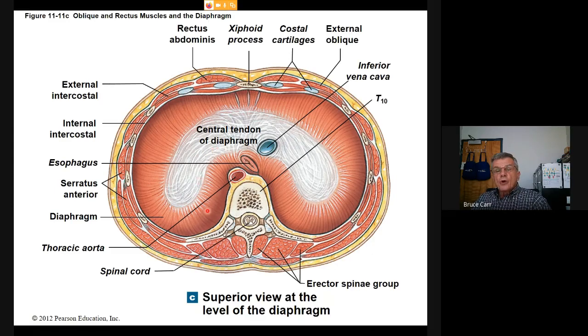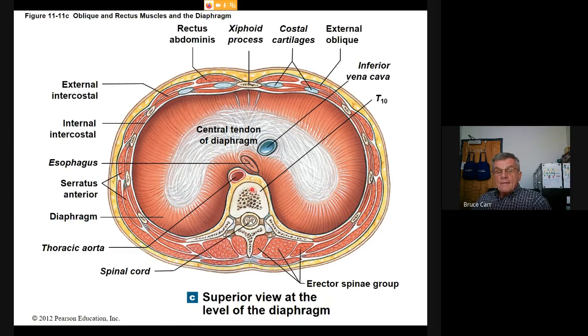This diaphragm, you'll notice, forms a floor. This is taken from the upper side, and this is where we are looking down, from the thorax to the wall that separates the thorax from the abdomen. However, several important things have to cross the boundary.